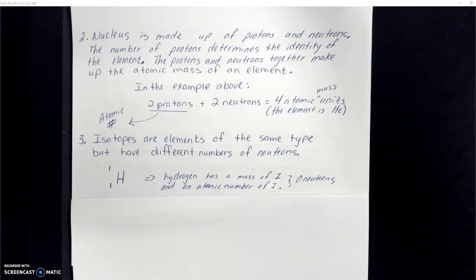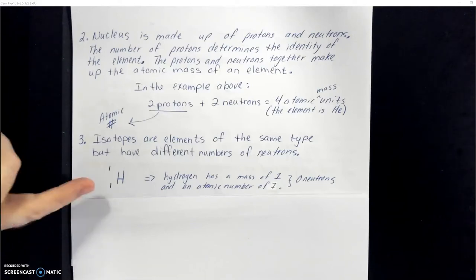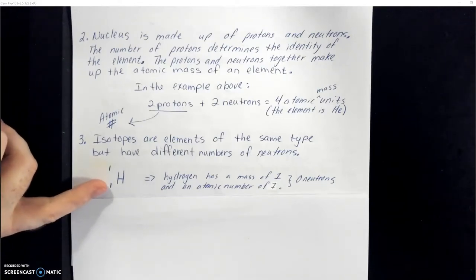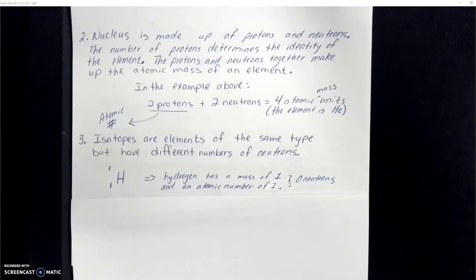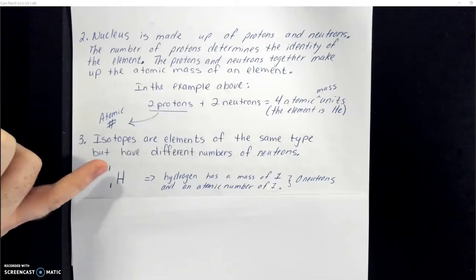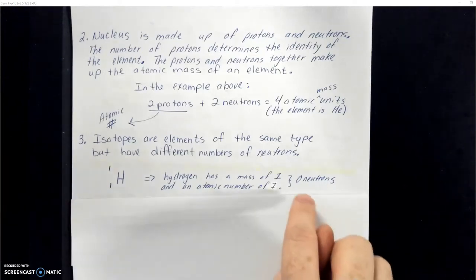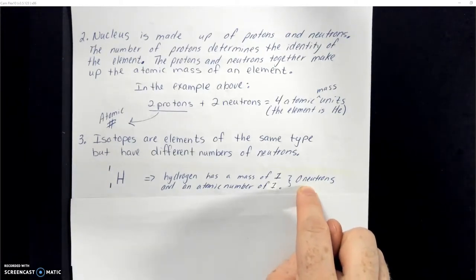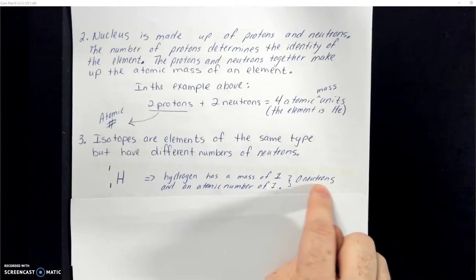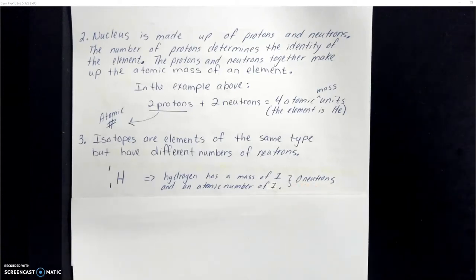Atomic number, or the number of protons, is always 1. That's represented by this bottom number right here. If you subtract the mass and the atomic number, you will get the number of neutrons. Okay? So hydrogen, as it normally exists, does not have any neutrons. Okay? It is stable without a neutron.